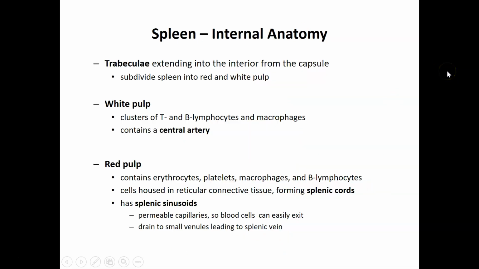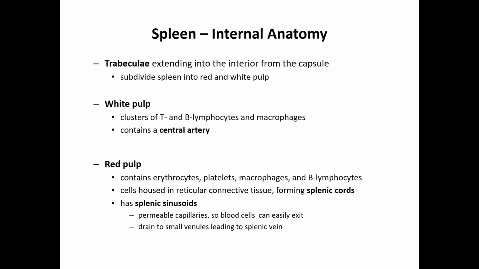As far as the internal anatomy of the spleen, we're going to take a look at that in a couple of slides, and here are the things you should look out for. So the spleen has a fibrous capsule, and some of those fibers extend internally. This is much like the situation for a lymph node. They form partitions internally called the trabeculae, so they sector off the interior of the spleen.